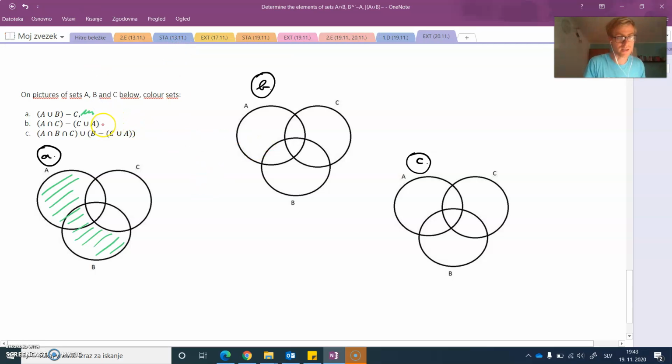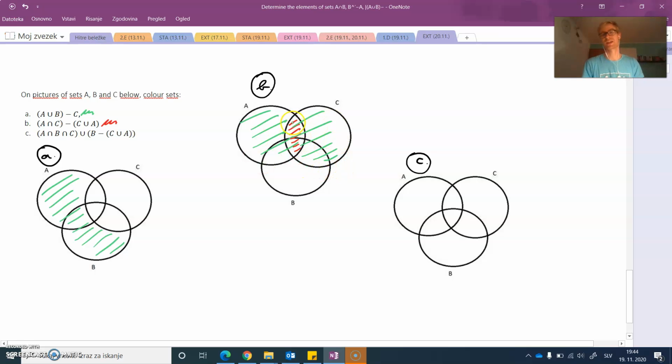The red one, let's say this one here, A intersection C. That's this whole part here, and then you take away C union A intersection C. So from this one here, you take away all the A union C, meaning basically all this.